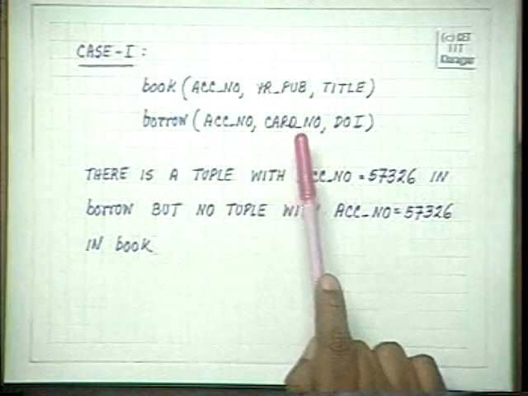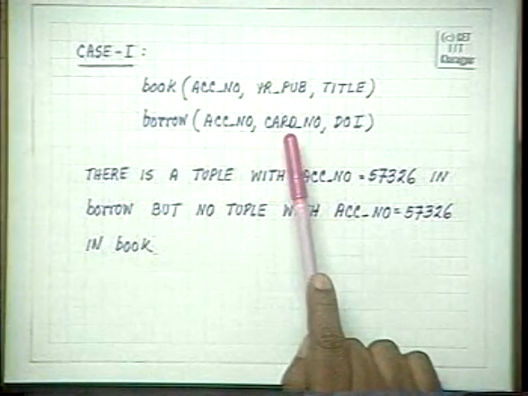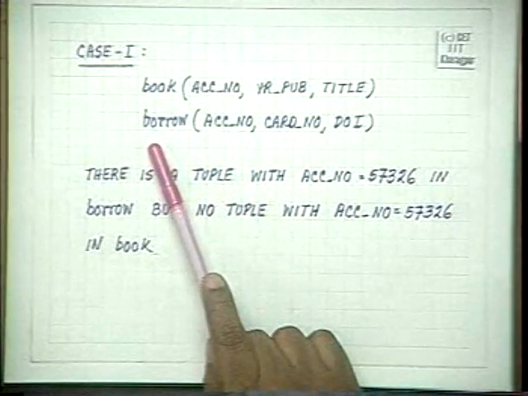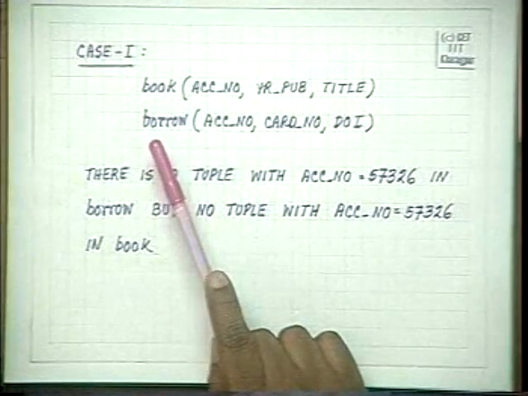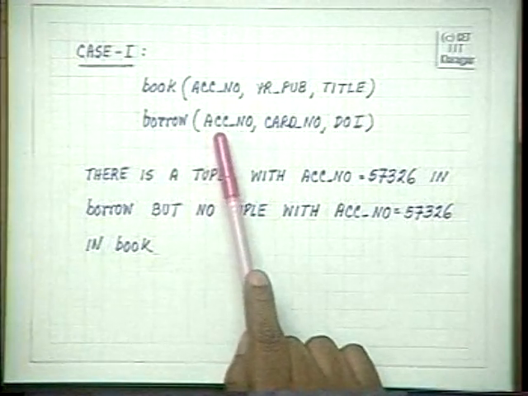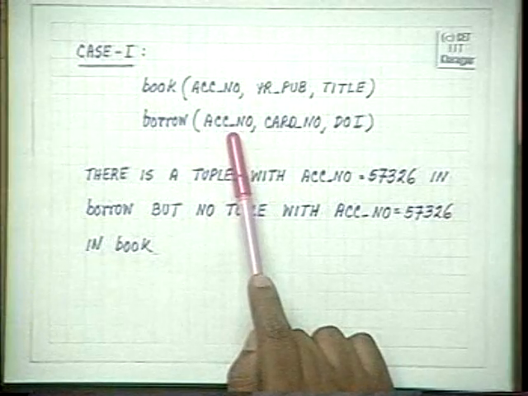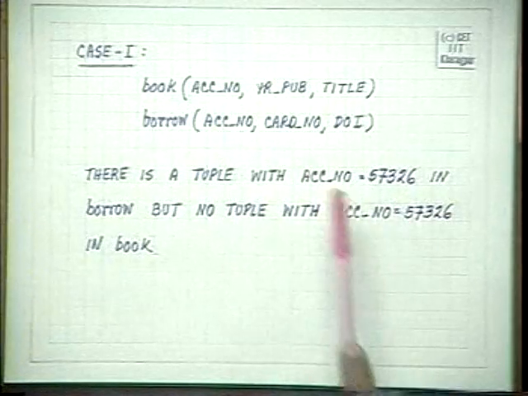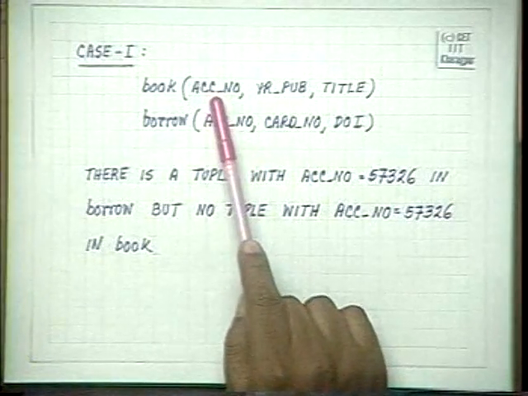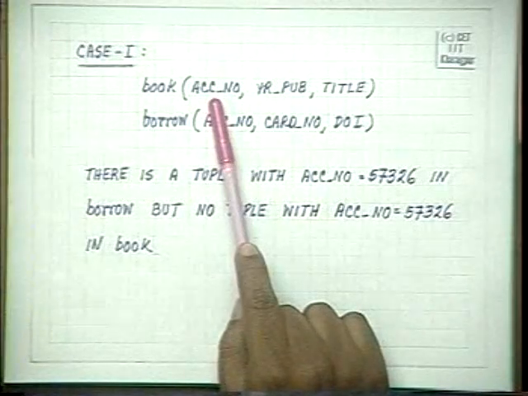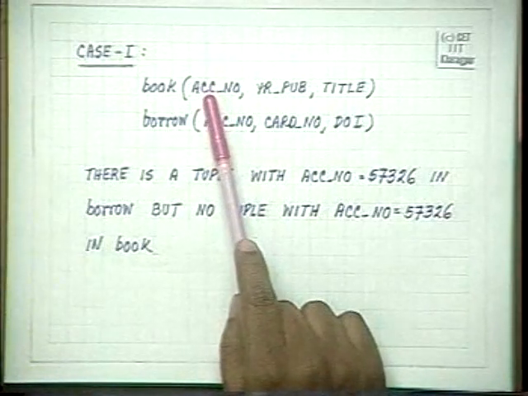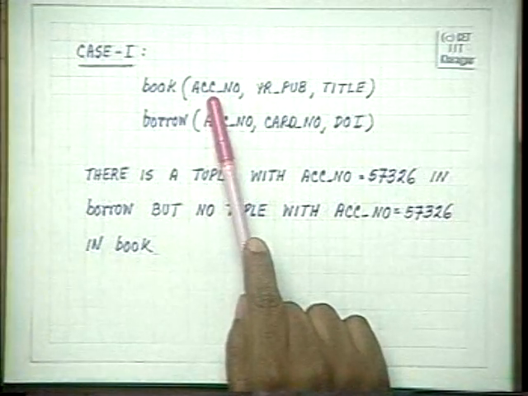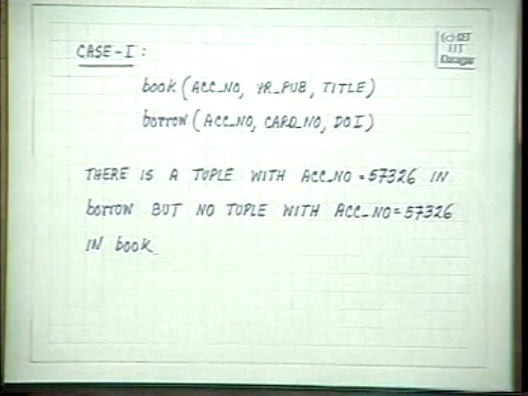So, a person has issued a particular book on a particular date, and the accession number of the book is there in the borrow relation. If there is a book here with accession number 57326 in borrow, there must be a book with accession number 57326 in book, because book is all the books in the library. So, this situation is inconsistent.